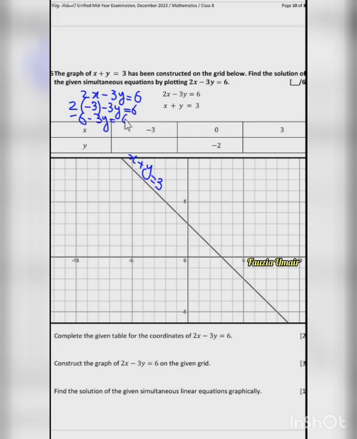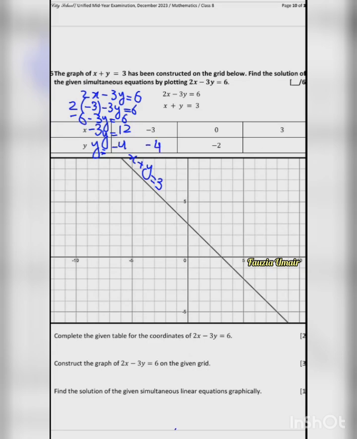Taking 6 to the other side, -3y is equal to 12. Dividing 12 by -3, y would be -4. So the point is (-3, -4).